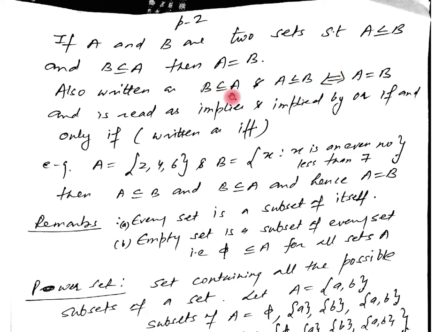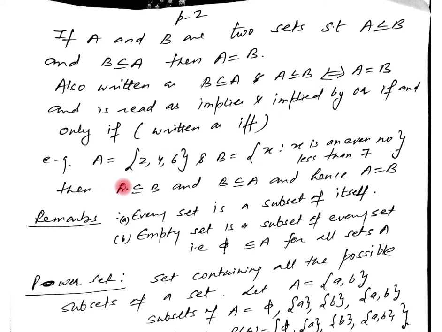It means A subset of B and B subset of A implies A equals B, and if A equals B implies B is a subset of A and A is a subset of B. It is written as implies and implied by, or it is the sign for if and only if. If this implies this and this implies this, then we can use this sign of if and only if.